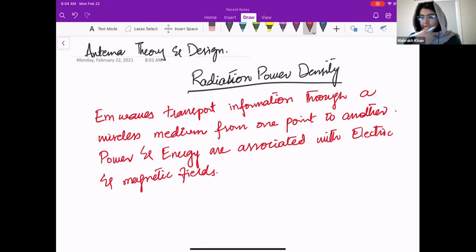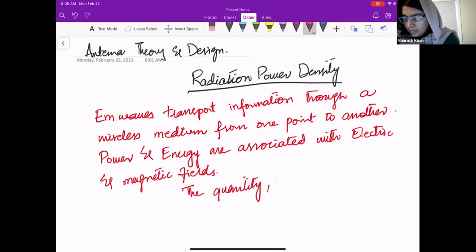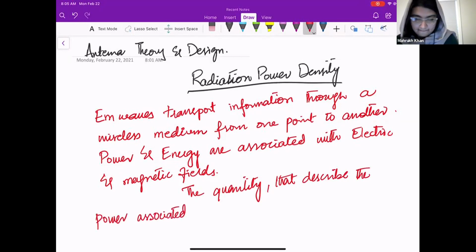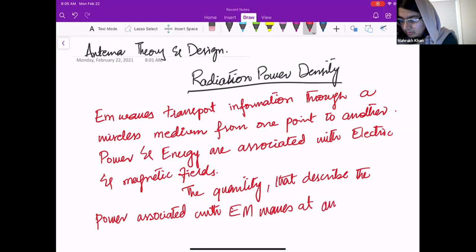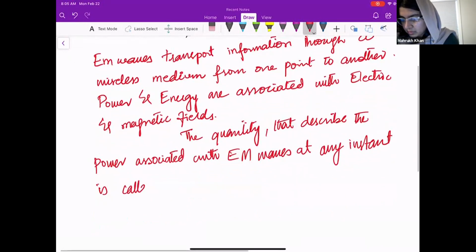So the quantity that describes the power associated with EM waves at any instant is called the Poynting vector.